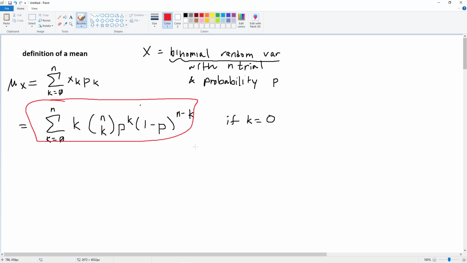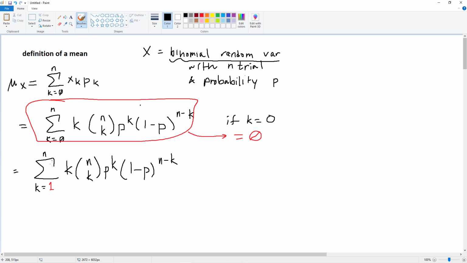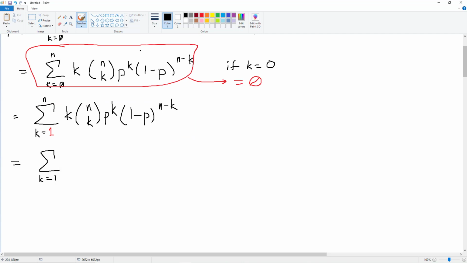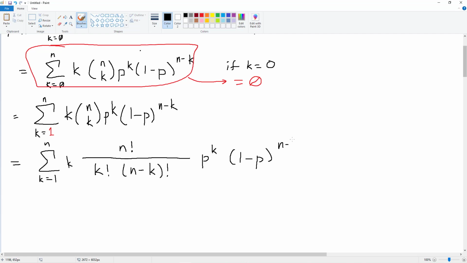And if k equals 0, then the entire term will be equal to 0. So k equals 0 is negligible, and we could change it to k equals 1. Next, let's just expand this combination notation into the fraction n factorial over k factorial times n minus k factorial.